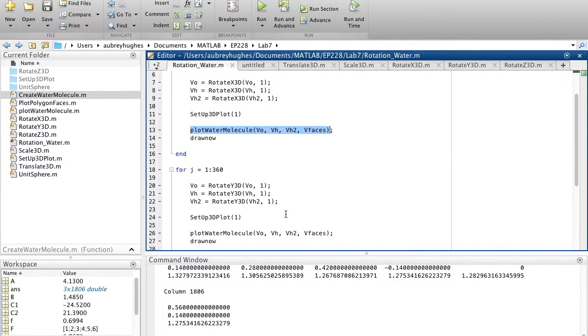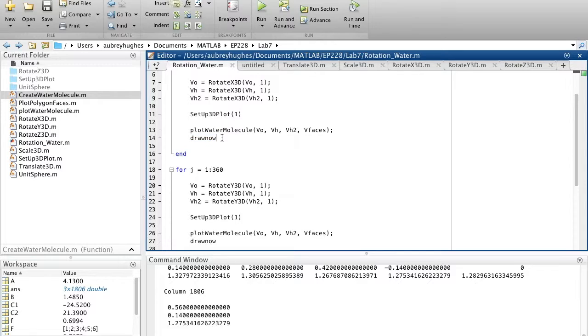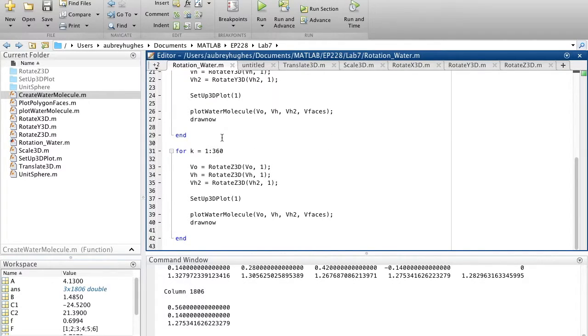So you do that, and then you put this draw now underneath so that it will output the picture of the graph right after it runs one for loop. So it'll do that, and then setup 3D plot 1 will reset it, but it plots the water molecule right away, so there's no lag. But draw now, you need to have that so that you can actually see it rotating. You do the exact same for the y-axis and the z-axis, making sure that these are all 1, and you just count through 360 rotations.